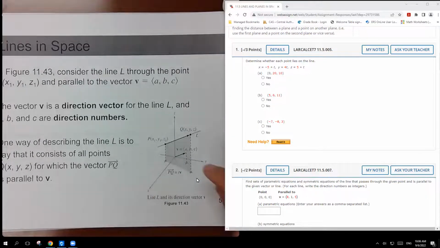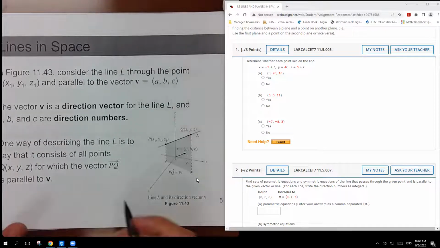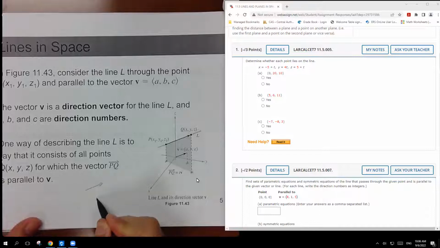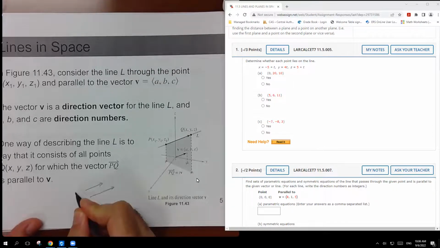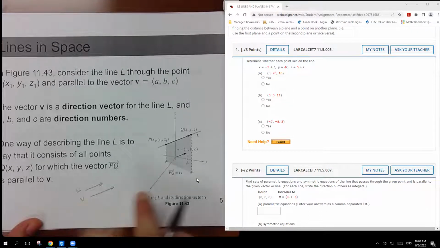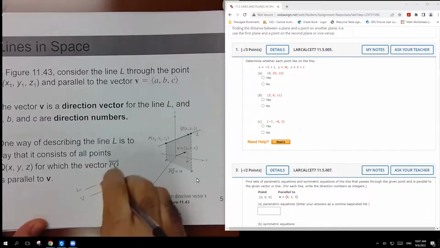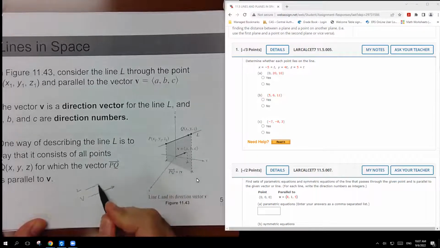If this is parallel to the line, remember two vectors with the same direction. If this is L and this is V, there is a scalar such that if you multiply by it, you get the vector V. But in this case, the line is longer than the vector V, so there is a scalar.